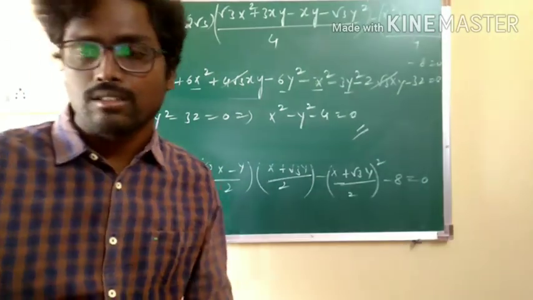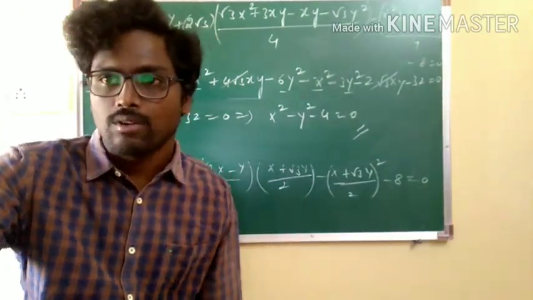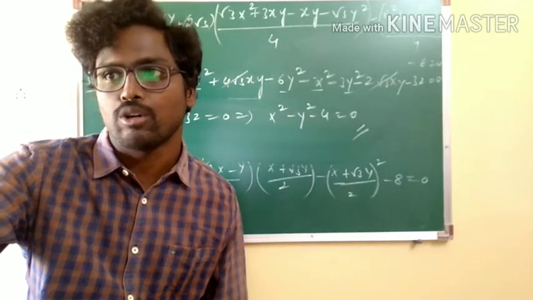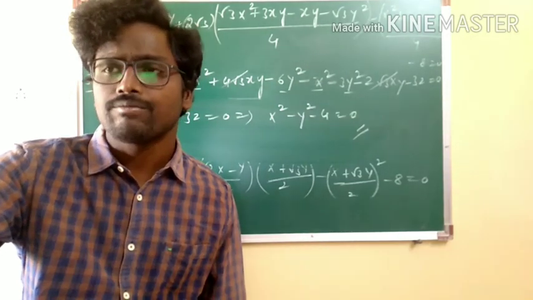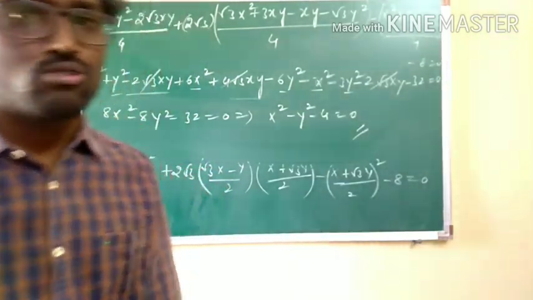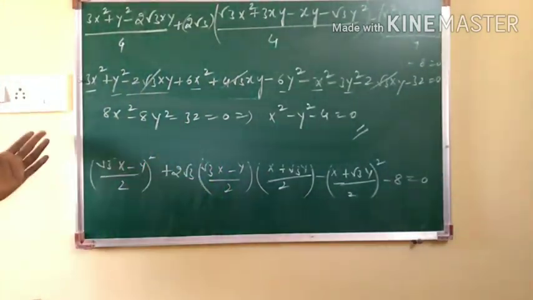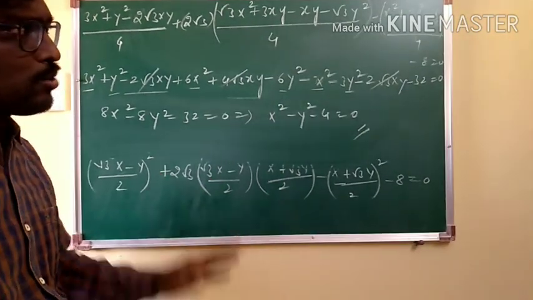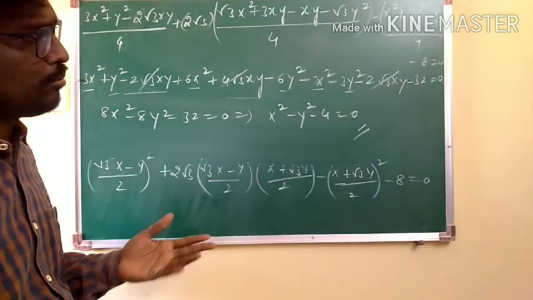Here we have the options x square minus y square equal to 0, x square minus y square equal to 4. So we have already got the second option. See how careful you are supposed to be in calculating such kind of problems. Generally you might be thinking, sir, these are so lengthy, how to solve in the objective.